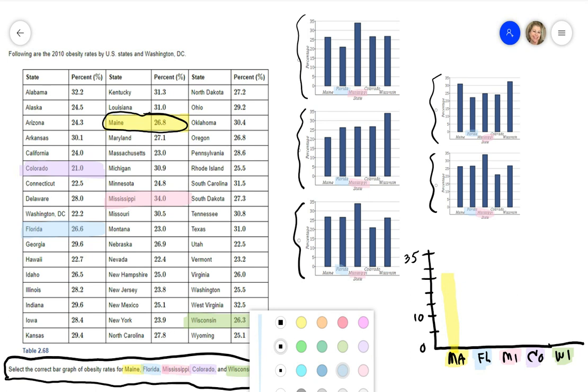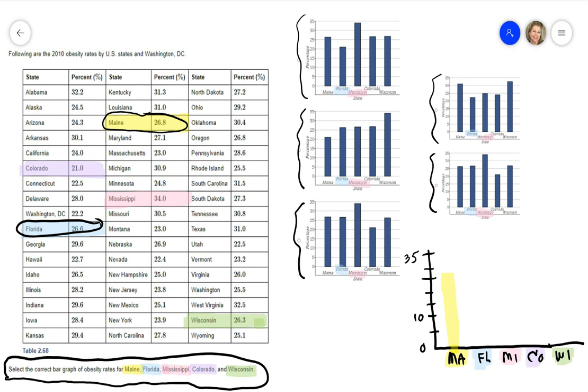Then I go to Florida, and Florida is here. It's 26.6. So Florida should be just a little higher than the yellow. Then we go to the pink, which is Mississippi, which is at 34.